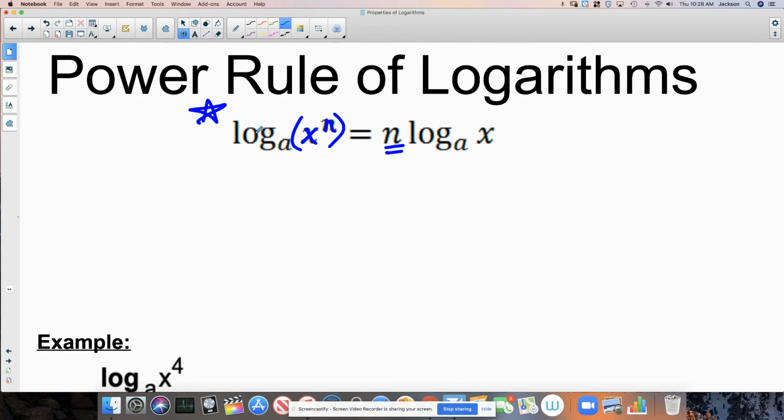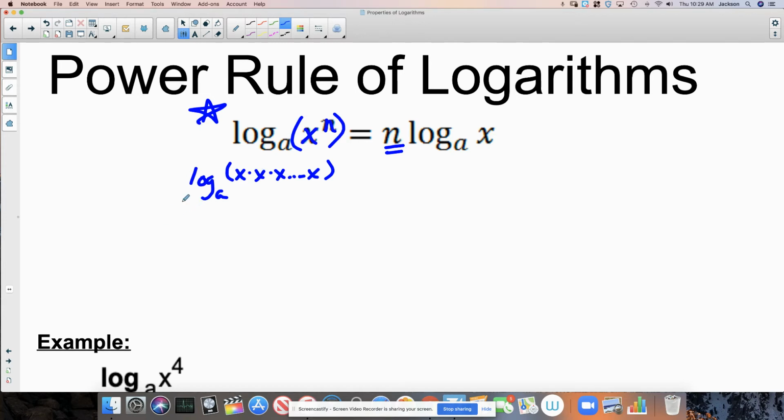What does it mean for log base a to have x to the n power in that? Really, what that's saying is if I expand this into a product and I have n of those x's being multiplied together, this is the log of a massive product.